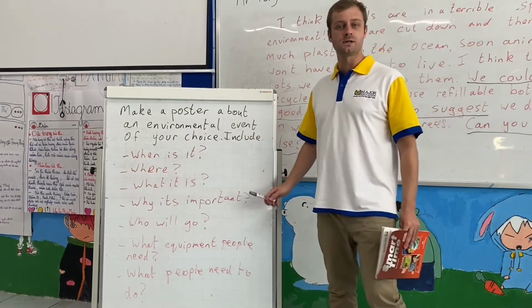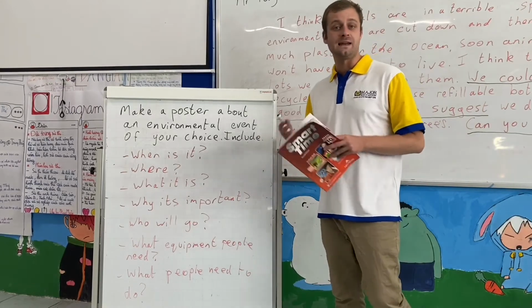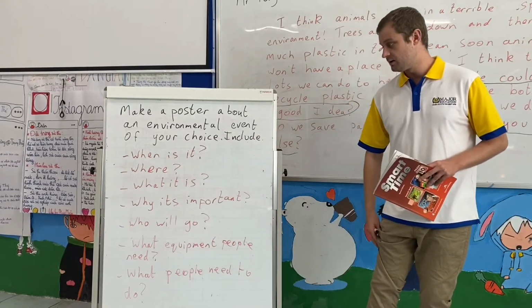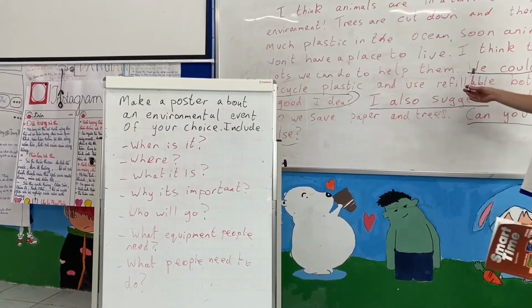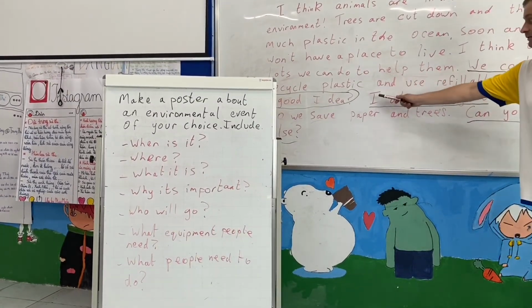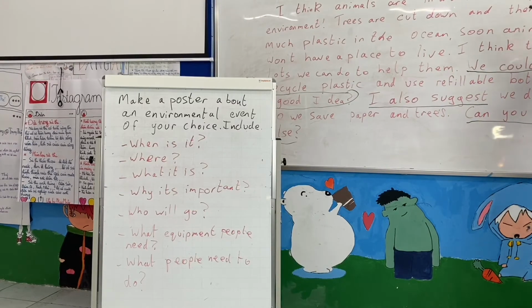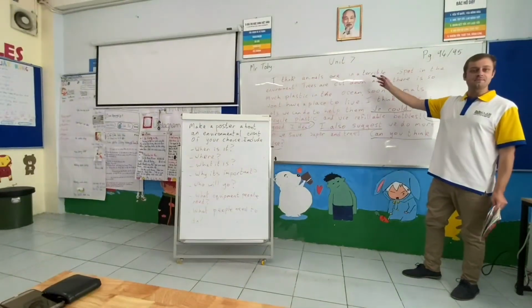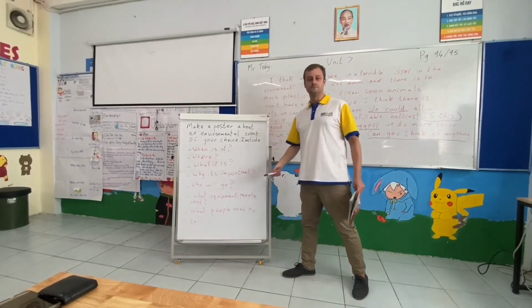Why it's important. Why is what you're doing going to save the environment? Okay, for example, it's important to recycle and it's important to save trees so we can save animals. That is why it's important. Who will go?